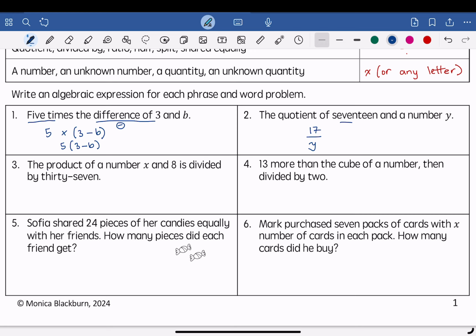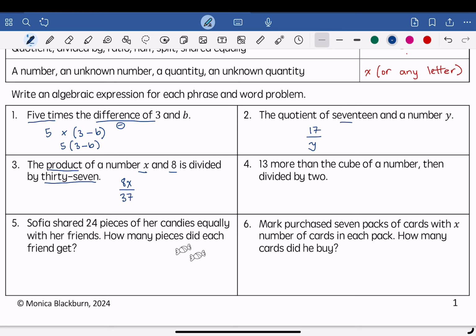The product, which is multiplication, of a number x and 8, which is divided by 37. So the product of 8 and x is multiplication, 8x, divided by 37.